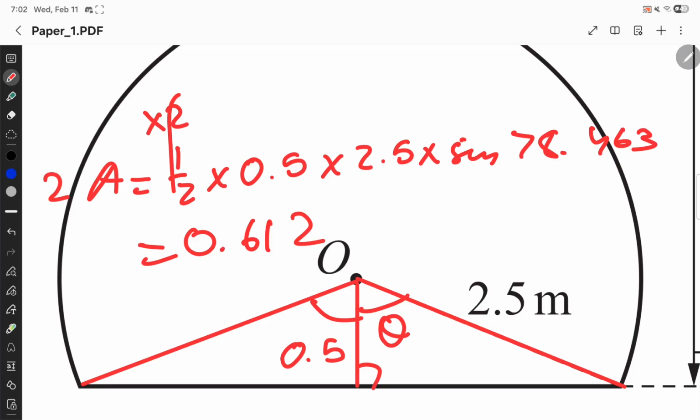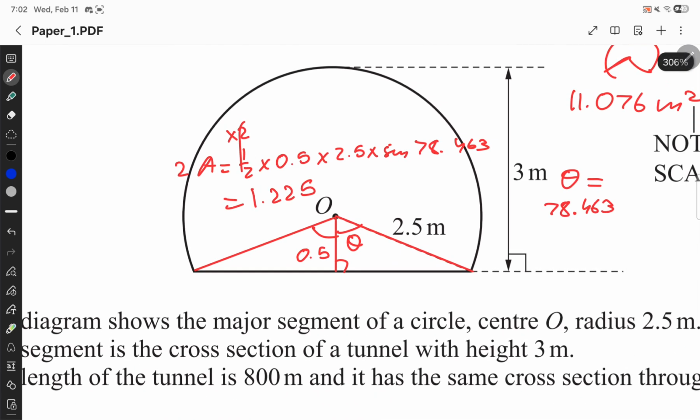So in our calculator, we can just remove this term and get the answer, 1.225 as this area.